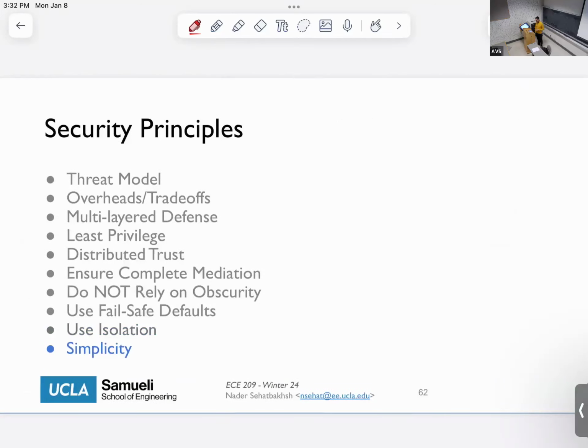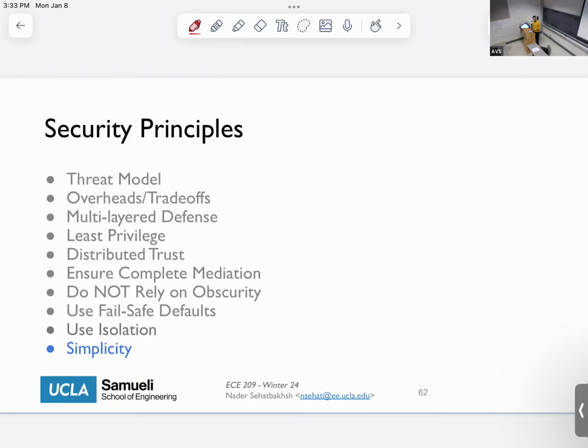And lastly, we should use simplicity. If the system is simple, it's much easier for it to be secure, right? Think about this: if the system is simple, it's very hard to break. Simple things tend to stay for longer because there are fewer things that could potentially go wrong. The same story applies to security.